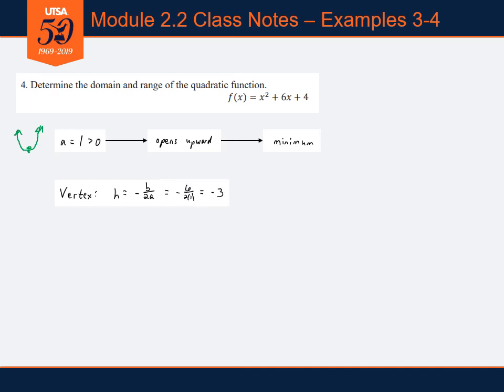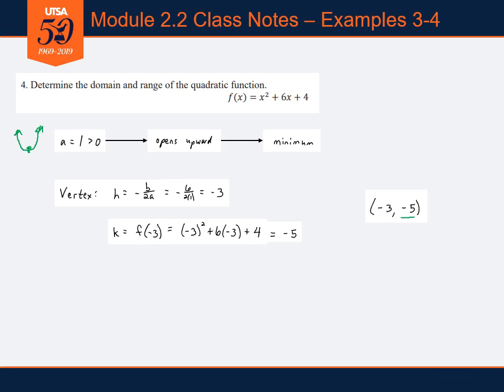So negative 6 over 2 times 1, that's negative 6 over 2, that's negative 3 for the x value of the vertex. Then plug that back in to find the y value, f of negative 3, that's negative 3 squared plus 6 times negative 3 plus 4. That's 9 minus 18 plus 4 is negative 5. That means I now know my vertex is negative 3 comma negative 5.